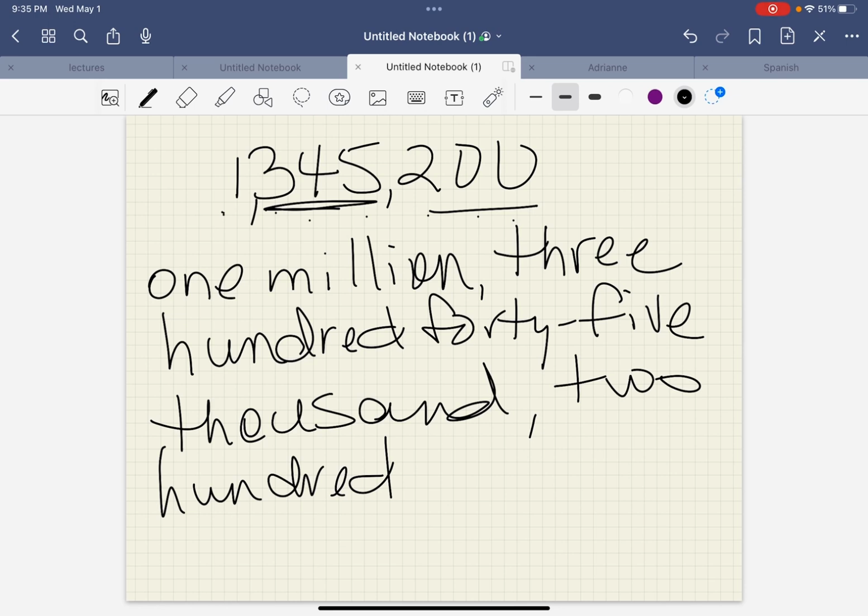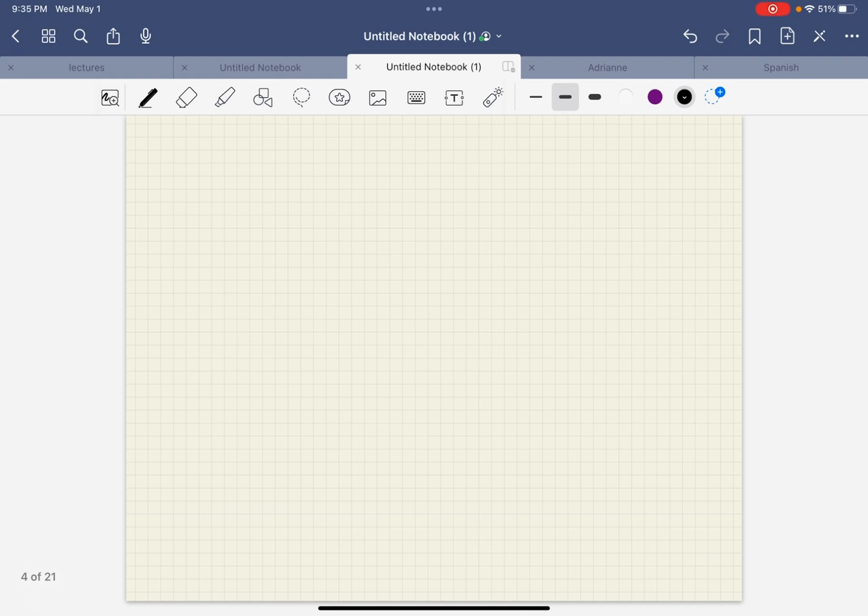Okay, the next one says use digits, so this is the opposite. Use digits to write 134 billion. Once I know there's billions, there's got to be 3 here for millions, 3 here for thousands, and then 3 here going down to the ones. So that'll help us fill it in.